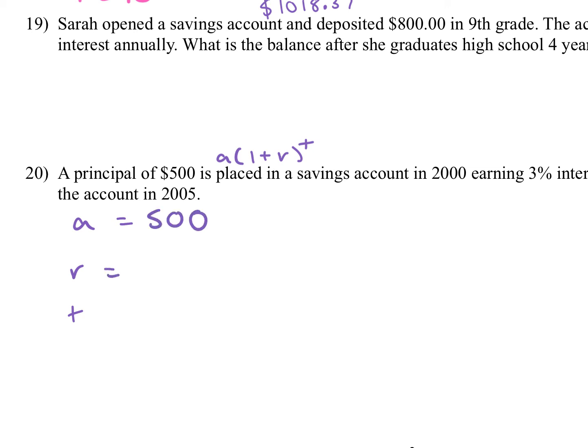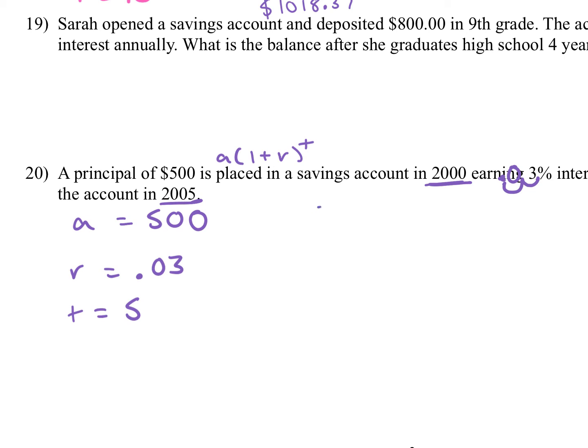What's my rate? 0.03. Remember, I moved my decimal twice. And what's my time? 5 years. It goes from 2000 to 2005, so time is 5.